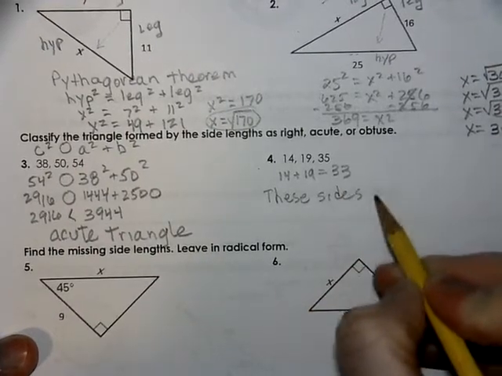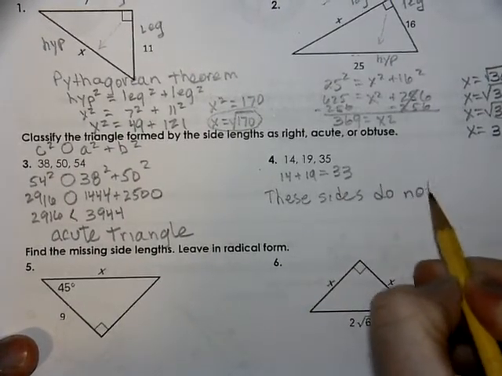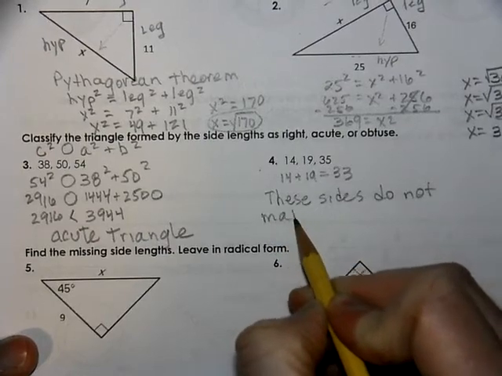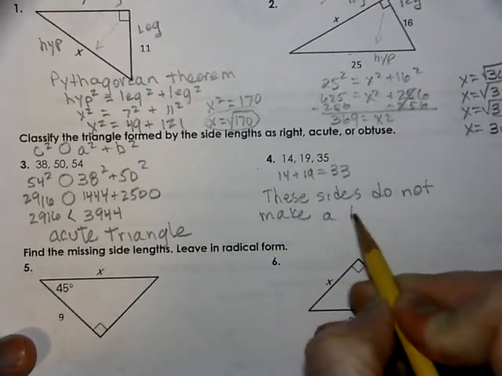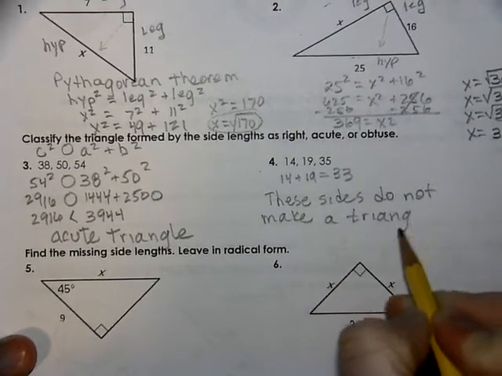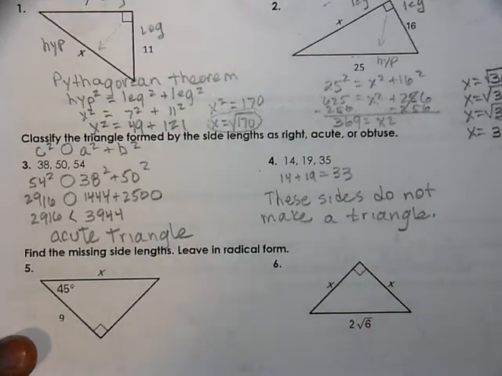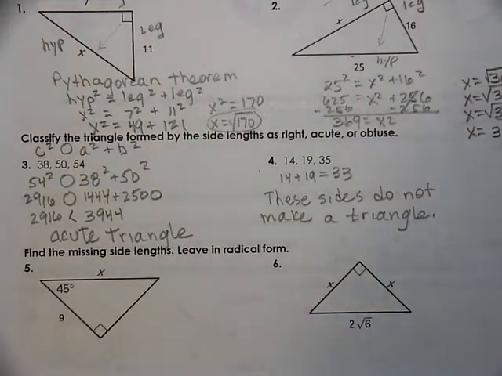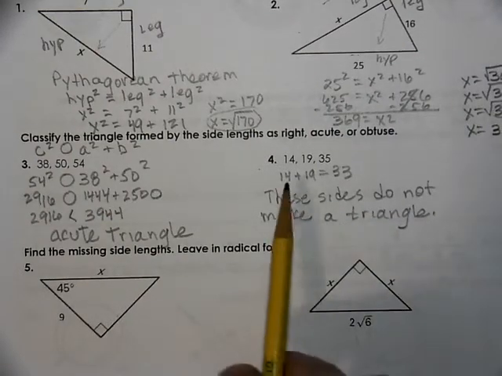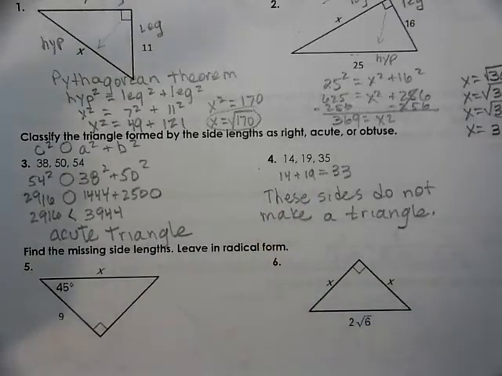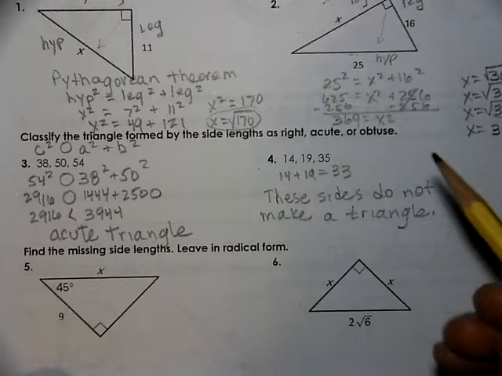These sides do not make a triangle. So there's no need to determine what type of triangle it makes, since it doesn't even make a triangle. The two sides aren't long enough to come together to form our triangle.